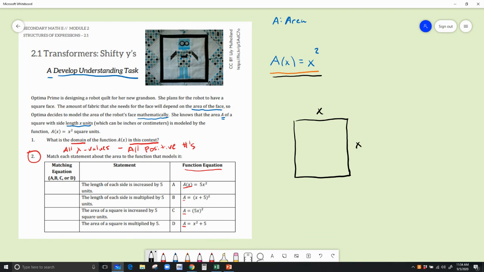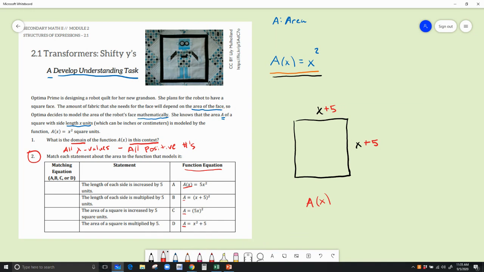All right, so here we go. Let's read the first statement. The length of each side, so we still have a square here, the length of each side is increased by 5 units. So right now it's x units. If we wanted to increase it by 5 units, it would look like that. And it said each side. Now we're worried about what the area of that's going to look like, right?